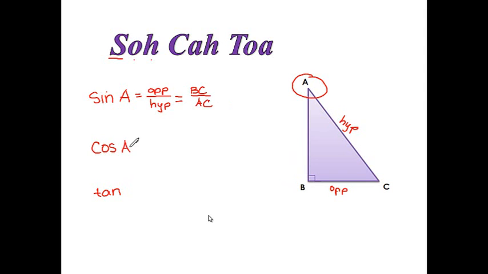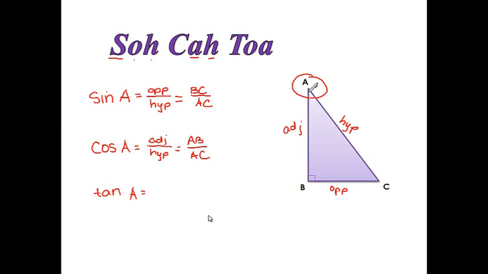To find the cosine of angle A, I would need to use the adjacent over the hypotenuse. So the length of my adjacent leg over the length of the hypotenuse. Here's angle A. Adjacent is right next to it. So it's going to be adjacent, which is AB, over hypotenuse, which is the length AC.